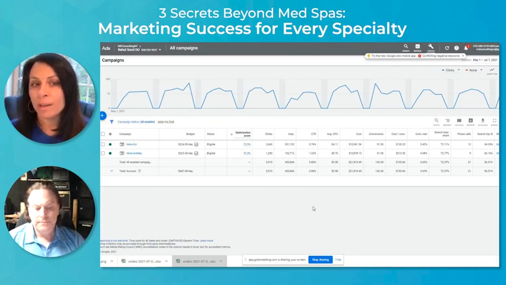I think I would want to touch a little bit on audience targeting. We have some very specific bid adjustments in for this client in zip codes that we are targeting, like some of the larger corporations that carry great insurance that our client knows has strong reimbursements. They accept the insurance.